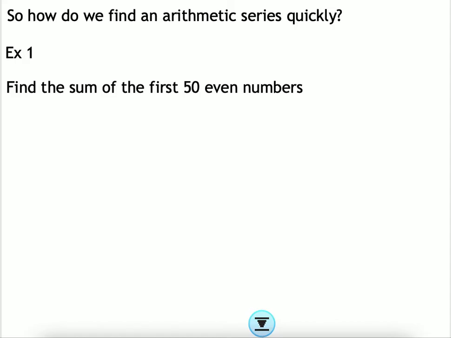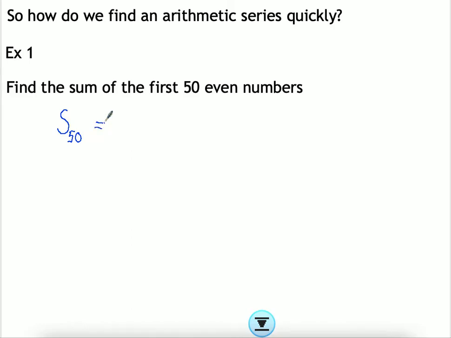This allows us to calculate an arithmetic series really quickly. We're going to look at an example to begin with, one that you might think will take quite a long time, and then we're going to have a look at proving why it's true. The sum of the first 50 even numbers. Notation: we use S to represent sum, and I'm going to write subscript 50 because we're looking at the first 50 terms.